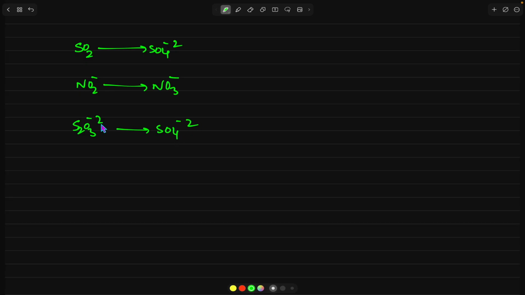So these are the oxidation reactions you have to pair it up with. Right? So what is the other reaction?